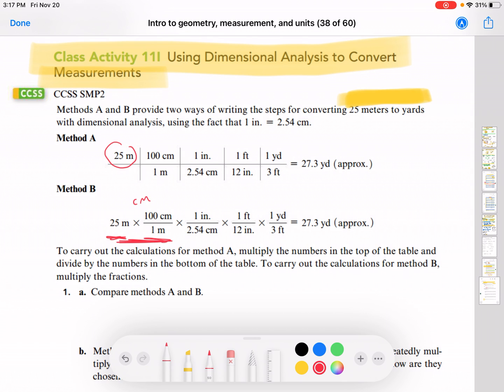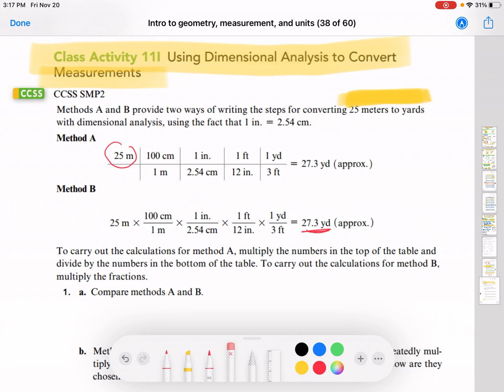You multiply centimeters by inches per centimeter, this is all now inches. We multiply inches by feet per inch, that means this is all now feet from here to here. And then you multiply feet times yards per feet, and then that would give us the final answer in yards.